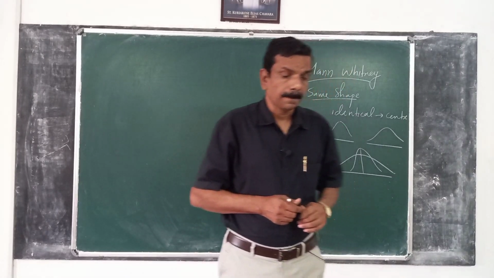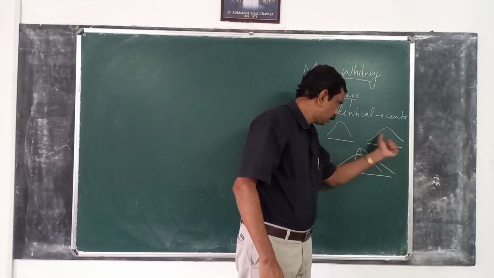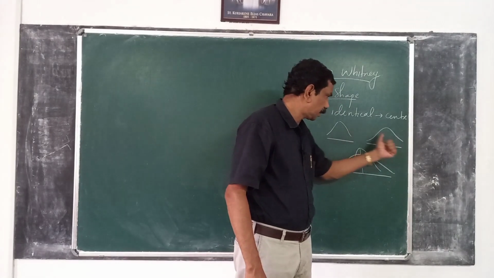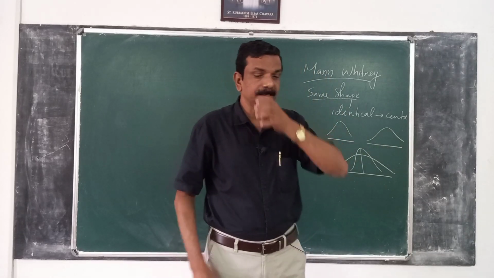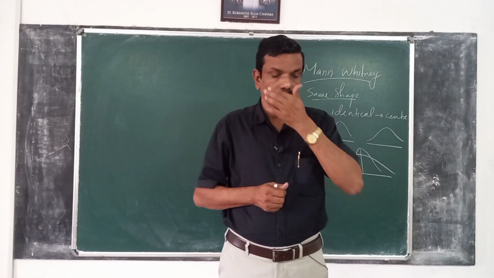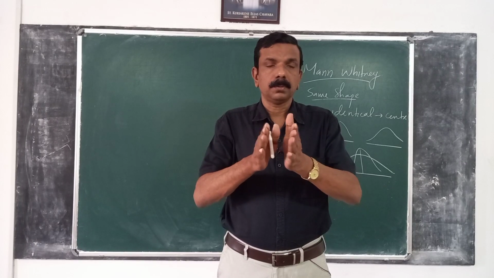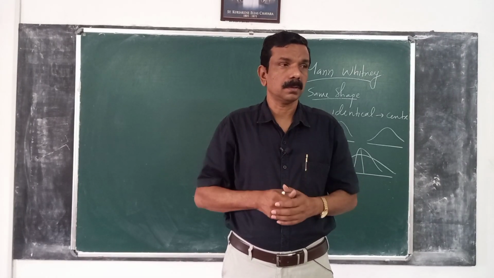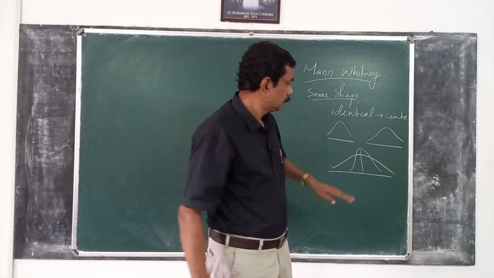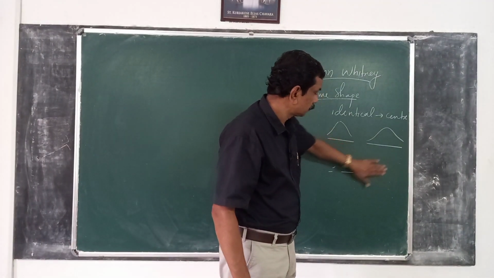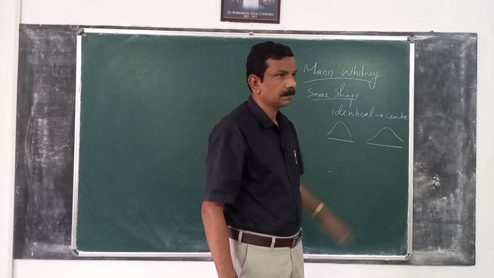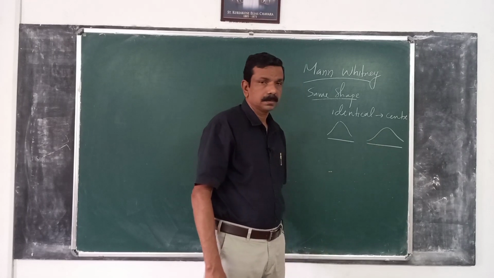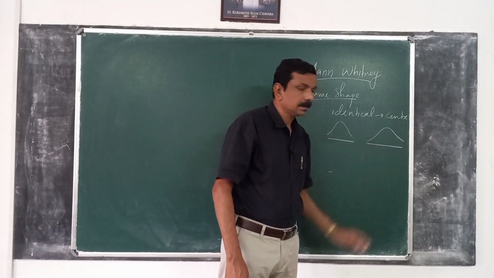And if two distributions are normal, they will be identical if and only if they have the same standard deviation. So the pooled t-test is used when two distributions are normal and also of the same shape.